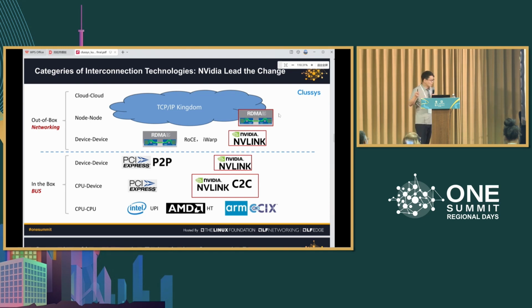They just want to cross the boundary. They also introduced NVLink C2C to connect the CPU with the GPU, like Grace and Hopper. And then they use RDMA to do NVMe over fabric for node to node. So a lot of things are changing today, not just in the box but also out of the box. We need to redefine what is bus and what is networking.